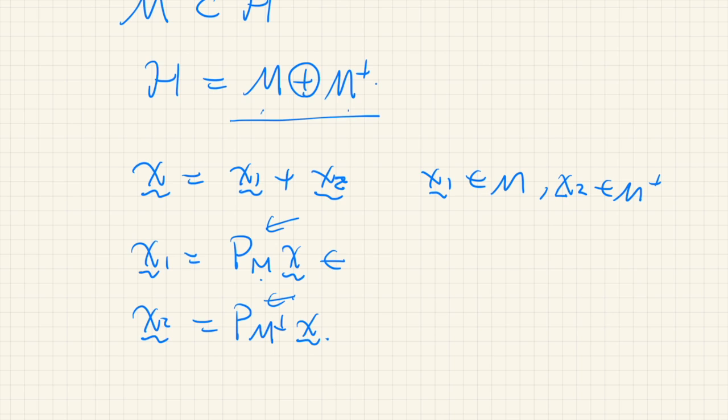So if we have x here somewhere in the Hilbert space, and we have this subspace M, then x1 is the point in M that is closest to x. And x2 is defined as this vector.